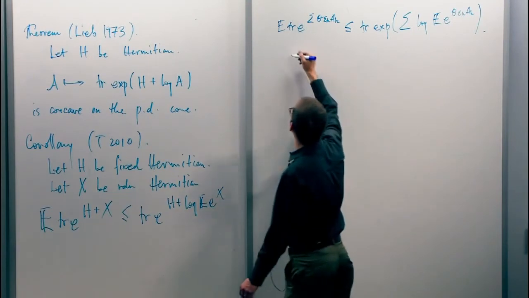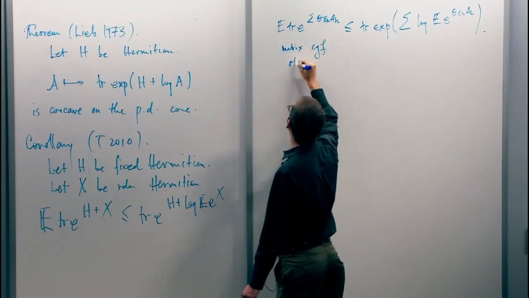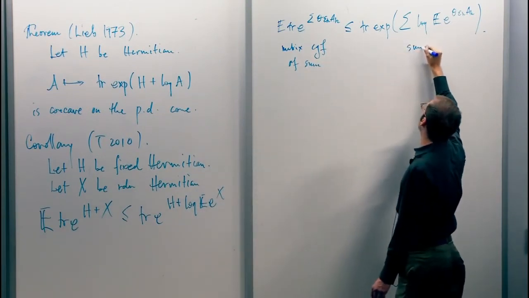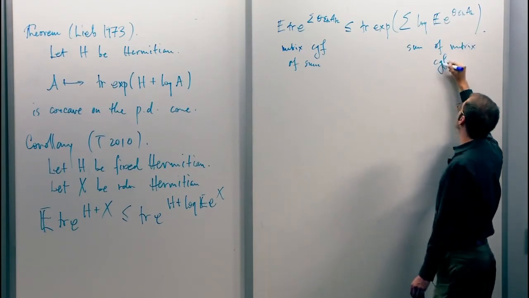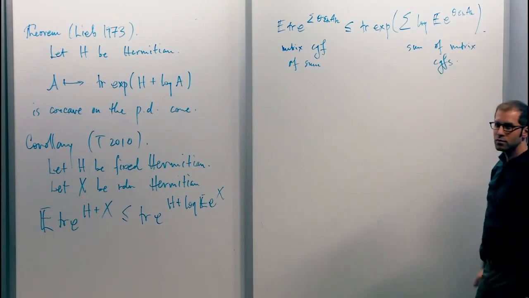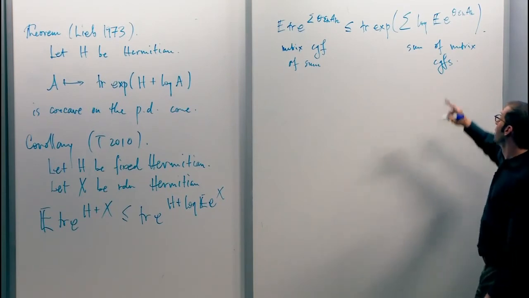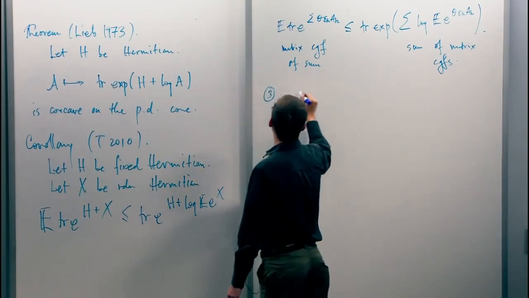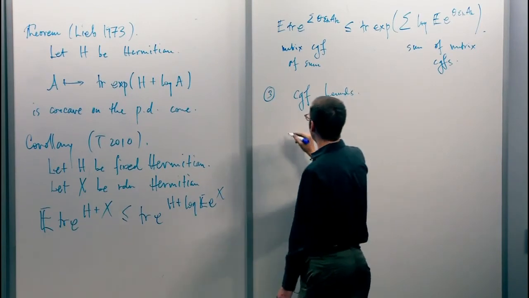Okay, so this is the matrix CGF of a sum, and this is the sum of matrix CGFs. All right, so the next step in the argument is to figure out what these CGFs look like. So step 3, CGF bounds. So let's have a look.